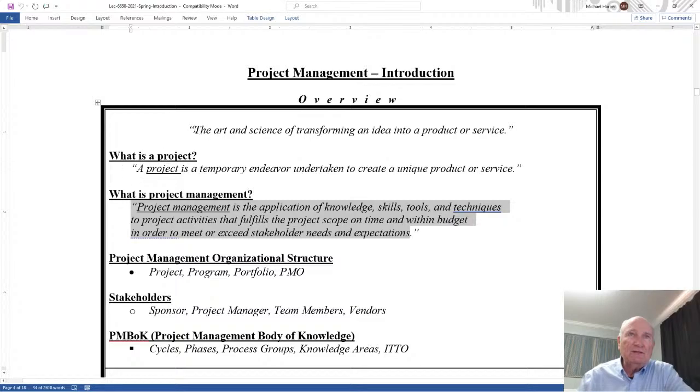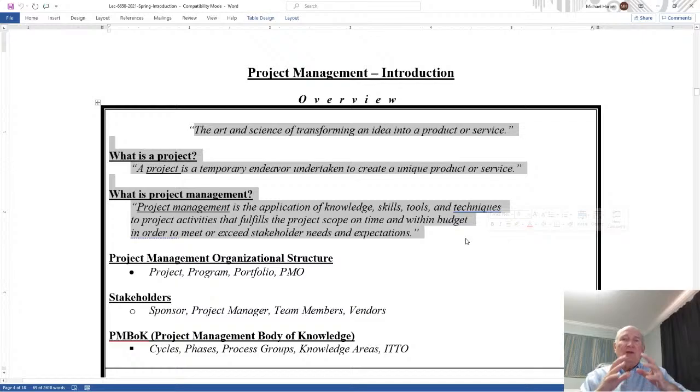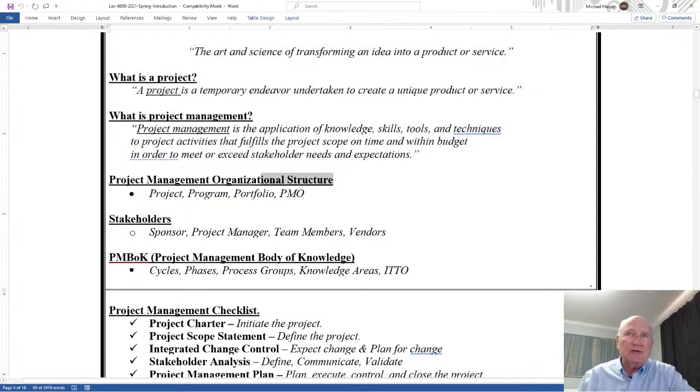Now, each one of these, the description of a project and project management, down below, we will expand on that to get a good feel for what that means and what it doesn't mean. But then we go deeper. Then we go into the organizational structure. We talk about a project versus a program versus a portfolio and the project management office.